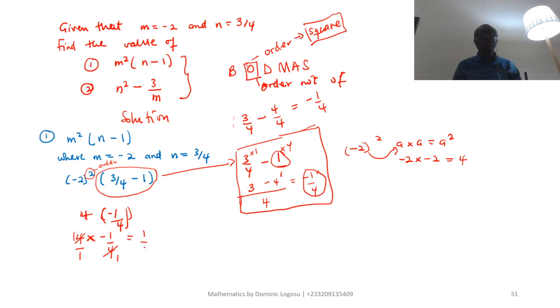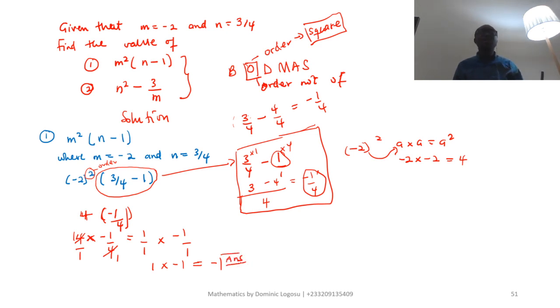So now we have 1 over 1 times negative 1 over 1. 1 over 1 is 1. Negative 1 times 1 is negative 1, because positive times negative will give us negative. So our answer will be negative 1. This is our answer.